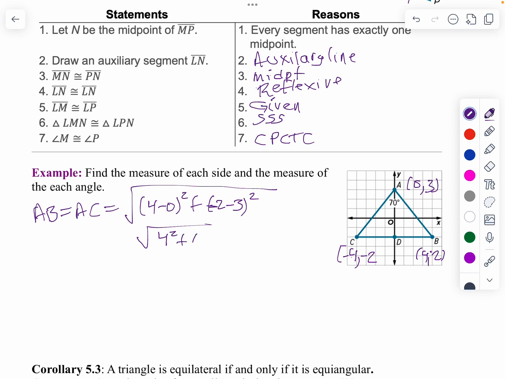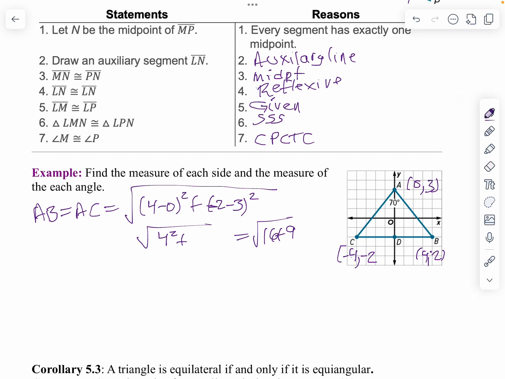Negative 2 minus 3, oh, am I dumb? Let's back up here.